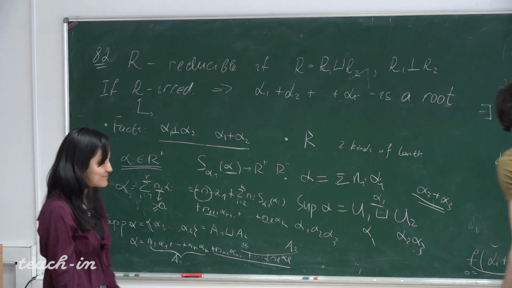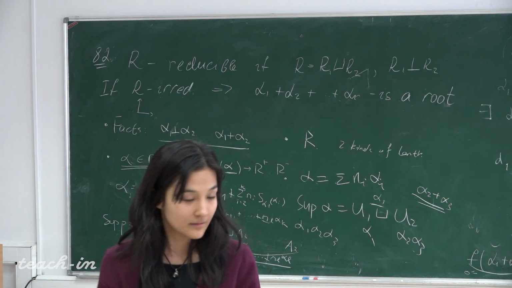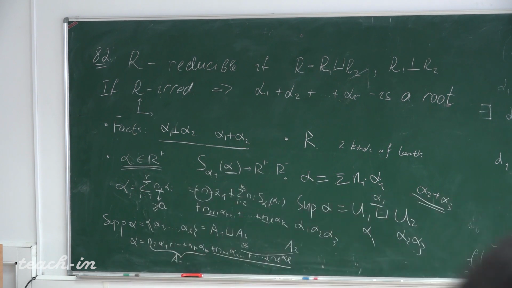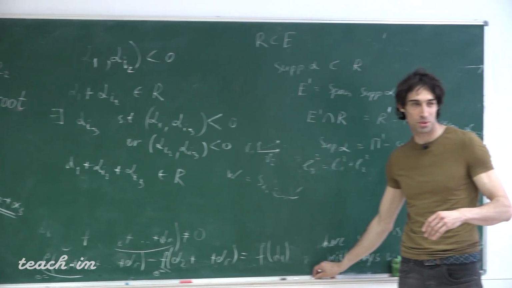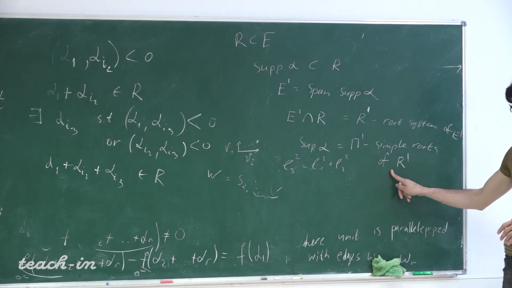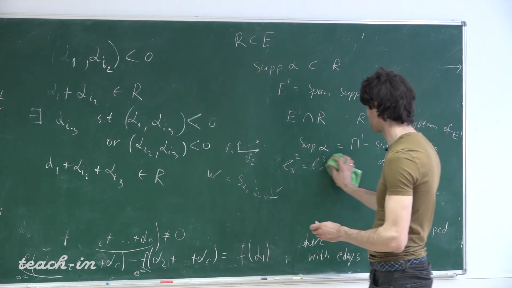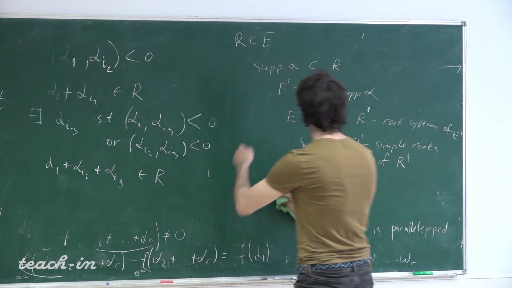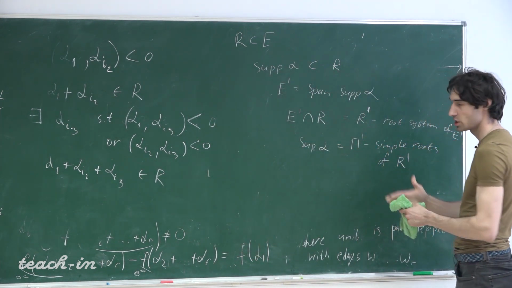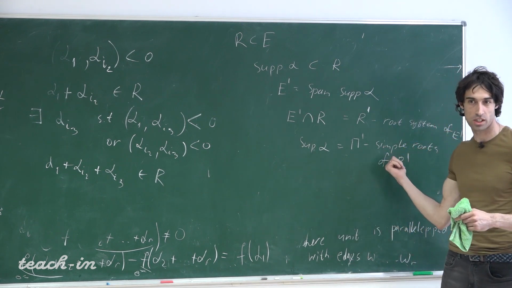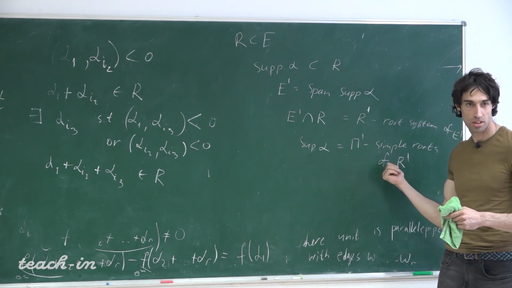So actually, let me. So I understand that you fixed. An easy way to do that is just continuing this, what I wrote, right? So I actually restrict it and get a smaller root system.